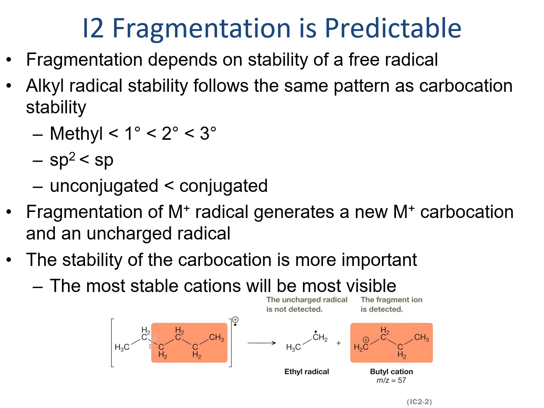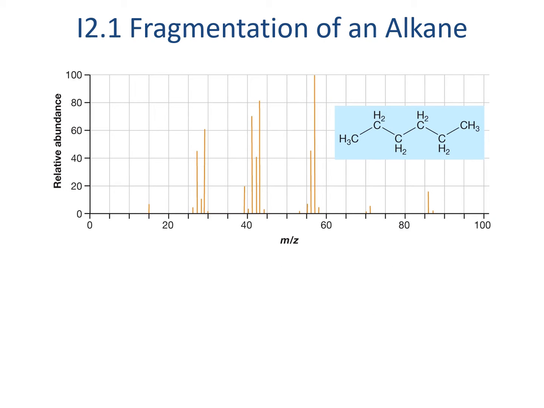So if we look again at our fragmentation of hexane, we saw that we had a mass peak up here at 86. This is our mass peak, or mass plus peak. And we saw that we have fragments that occur at, I think this is 57. We have a fragment that occurs at 71.